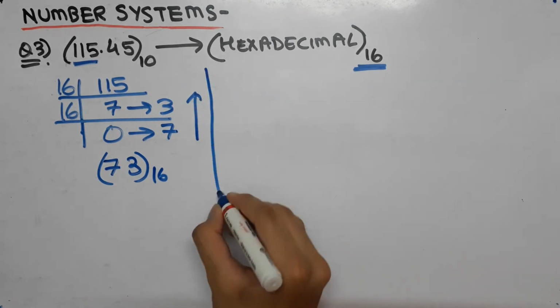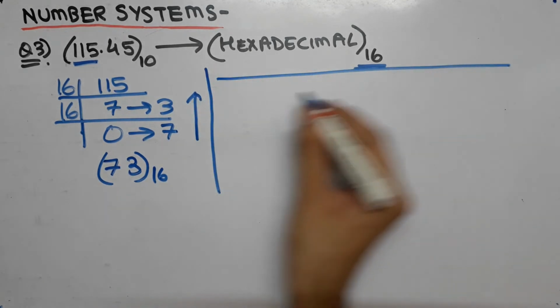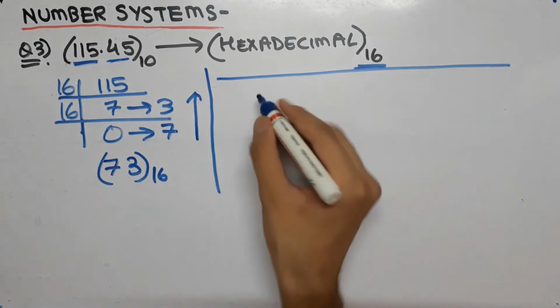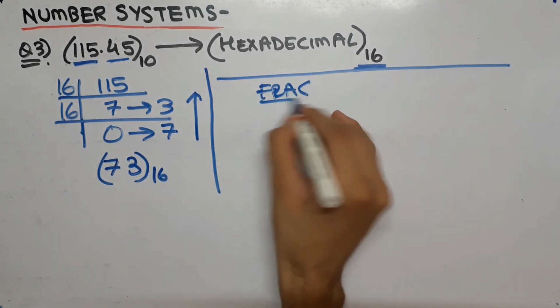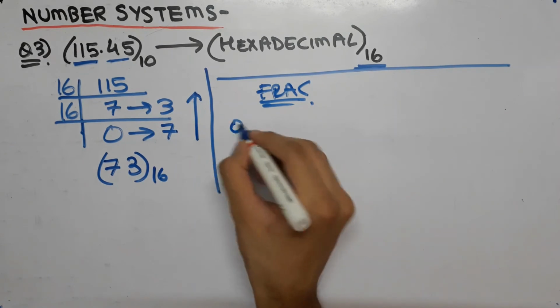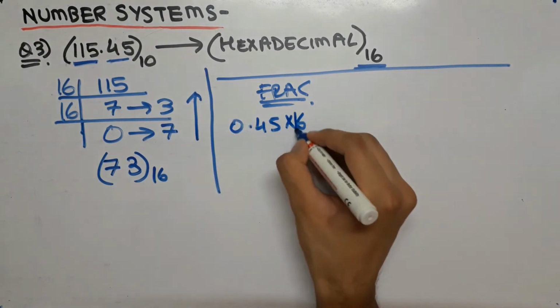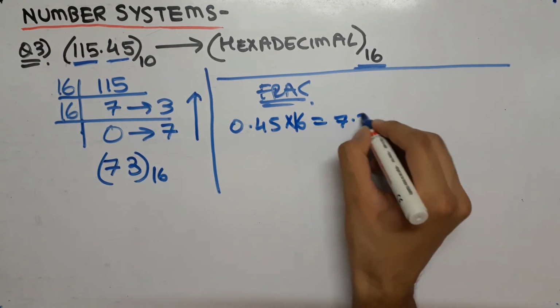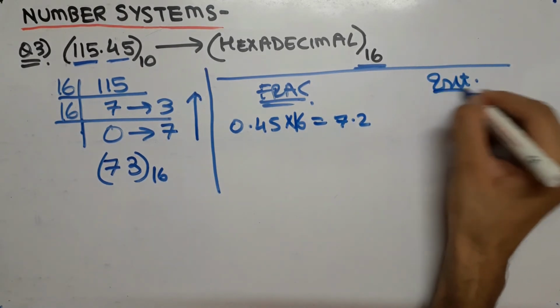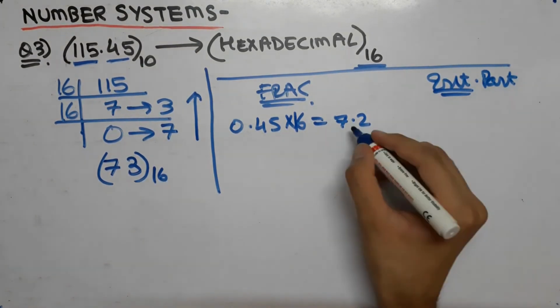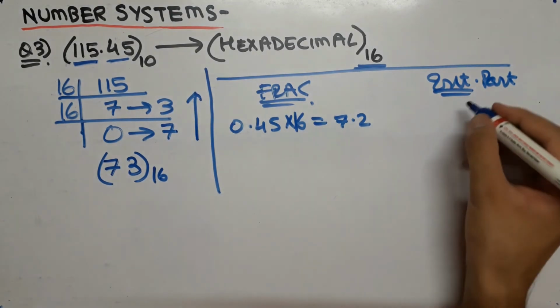Now guys, similarly, we are now going to look at the fractional part, that is 0.45. And we are going to multiply it by 16, that is 0.45 into 16, which will give us 7.2. And now we are going to write this integral part of 7.2, that is 7 over here.